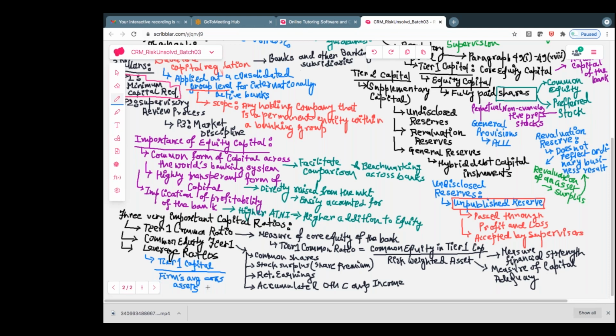So over here we have the tier one capital divided by the firm's average consolidated assets, and this is the leverage ratio.